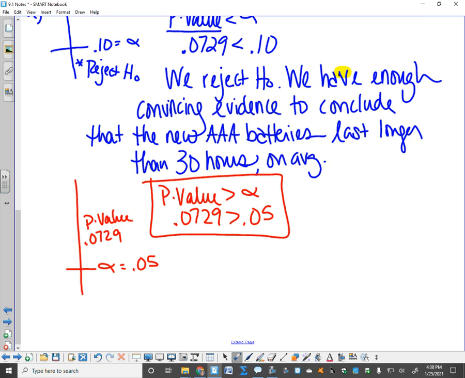But state the relationship first. Okay. Now, since my p-value is up here, I'm not going to say we accept, like down here is reject H sub O. I'm not going to go up here and write accept H sub O. I'm going to put fail to reject.